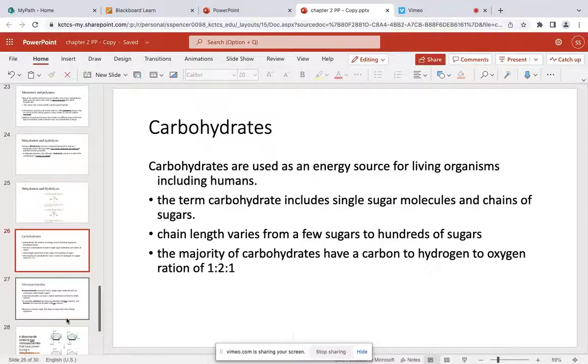So now we'll go over carbohydrates. And carbohydrates, whenever you think of carbs, a lot of people think of them as bad things, right? And in excess, they can be, but essentially, we do need them. It's one of the biggest energy sources for living organisms. Whenever you hear the word carbohydrate, I want you to think energy source. They do exist in this configuration here, a 1:2:1 ratio of carbon to hydrogen to oxygen.